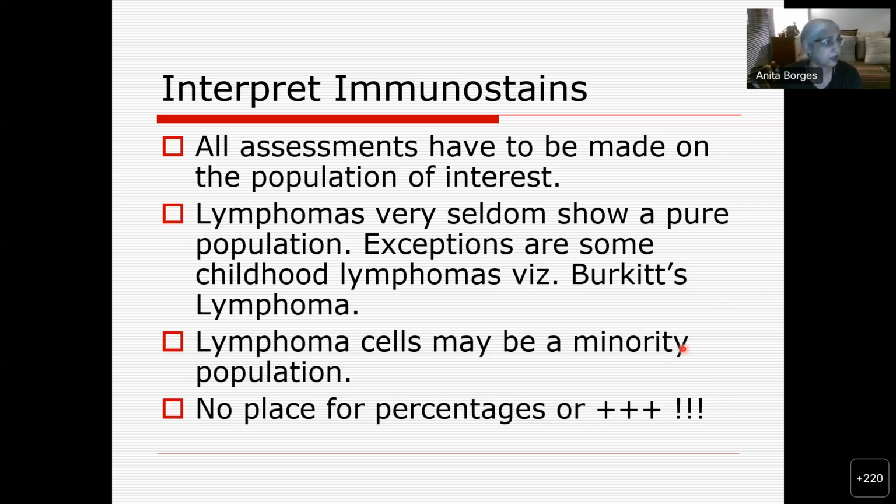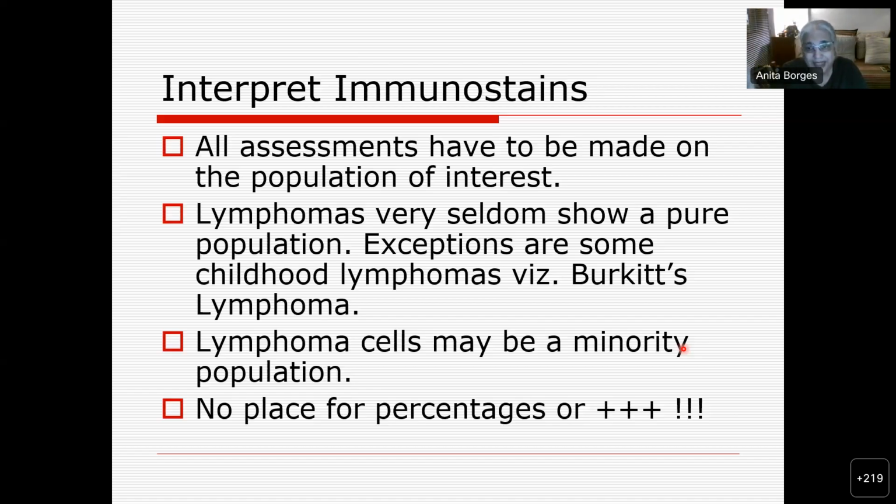Okay, and I'm sure that the hematopathologists, including Sumit, who's here, will tell you that this used to be, or for all I know, there are still some places that even tell you on flow cytometry that we've got this percentage of cells that are this and this. I think that you have to identify the population of interest, whether you're doing immunostains or you're doing flow.